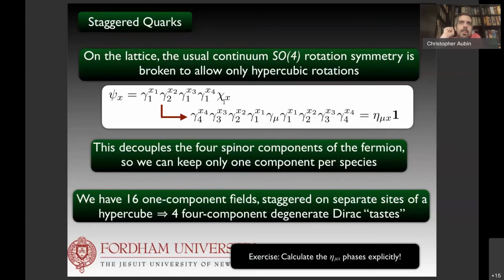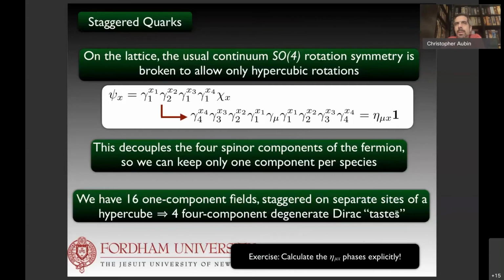So now we still have this doubling problem. You're still going to get 16 doubled states, but they're 1 component, not 4 component fields. And actually, a little bit of analysis shows that you can identify those 16 single component fields as 4 component Dirac fermions, which we call tastes.